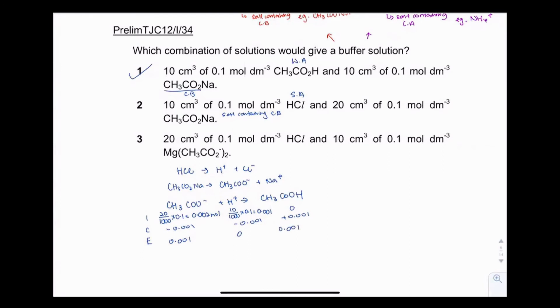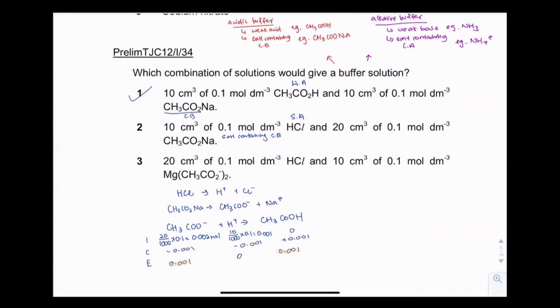I don't really need to care about the concentration as long as I know that at equilibrium, I have my weak acid and my conjugate base present. As long as I have these two components present, I have my acidic buffer. Therefore, this is an acidic buffer.